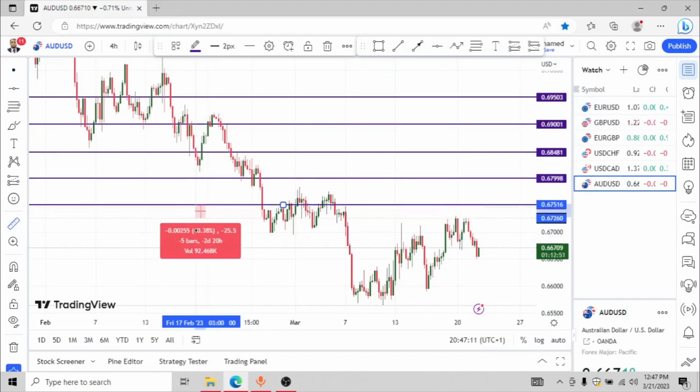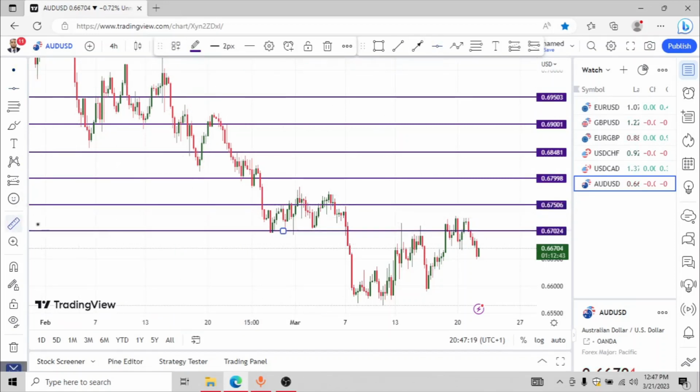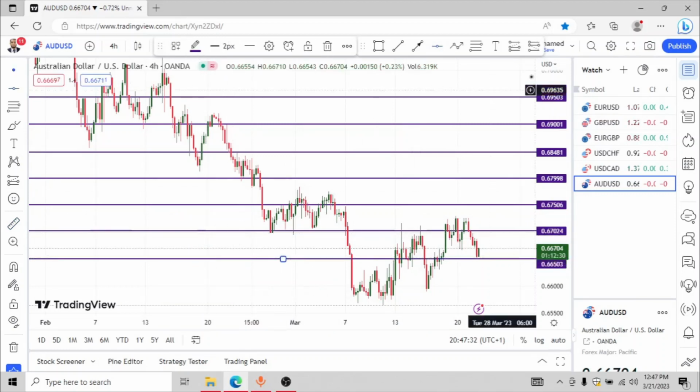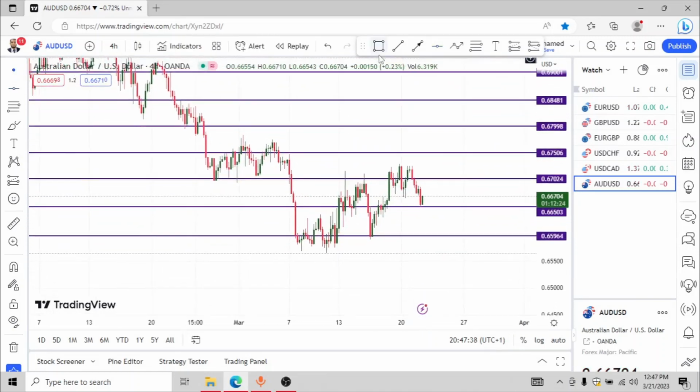From here to this one is exactly 50 pips, so you put your line. When you draw again to the next line, you see that it's 50 pips exactly. So you draw your 50 pips, just like that, until everything is set.